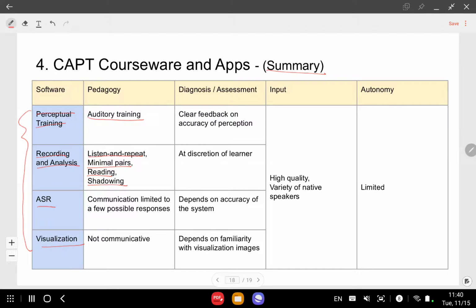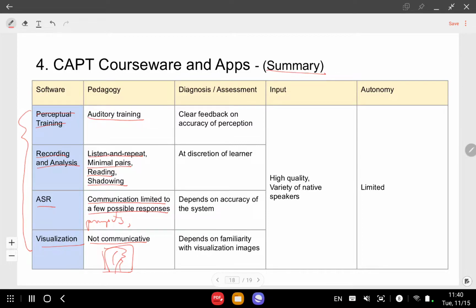And ASR: its communication is limited to a few possible responses because they just give the prompts and make you record it, and they will give you a diagnosis whether you're wrong or right. And visualization only gives you visual cues or sagittal views of your pronunciation.